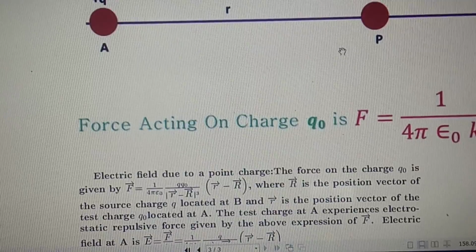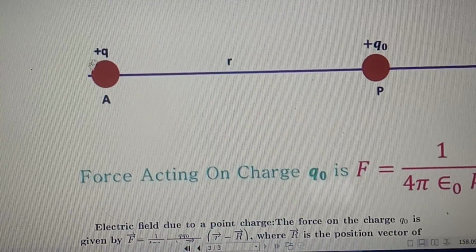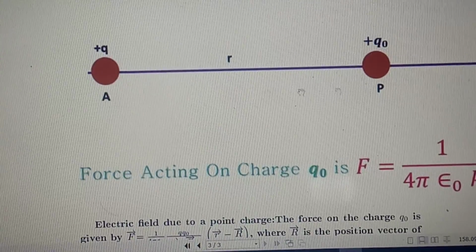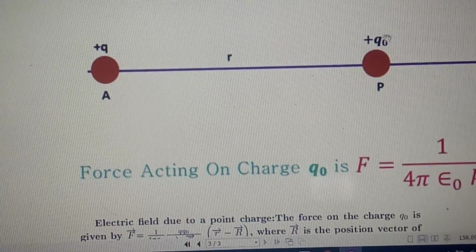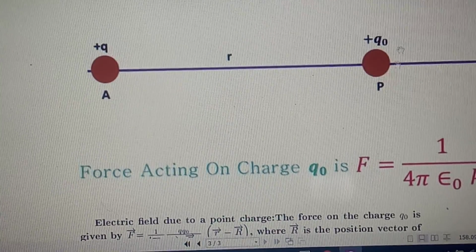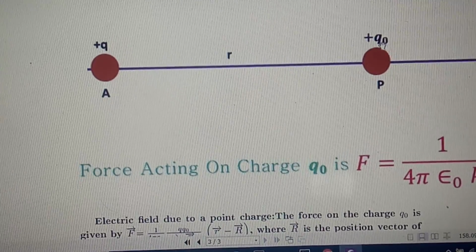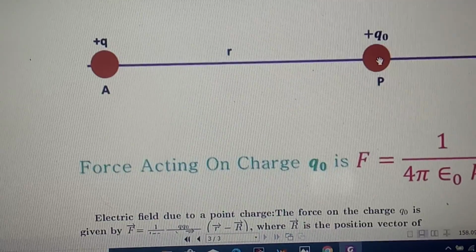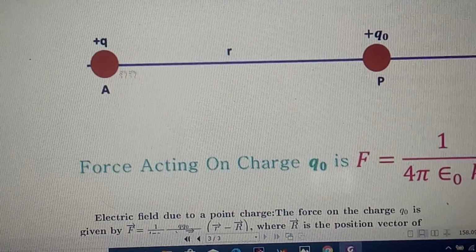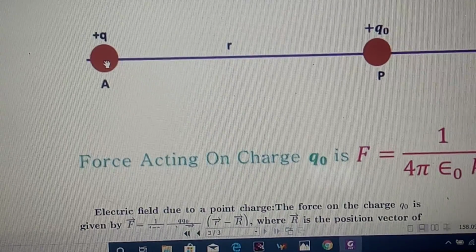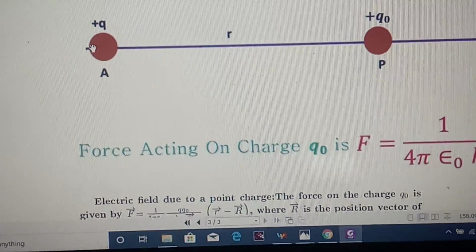Let's have a look at this figure. So here I have taken a source charge plus Q and a test charge Q naught, which is small and positive, taken at this point P, which is at a distance of R from the source charge.